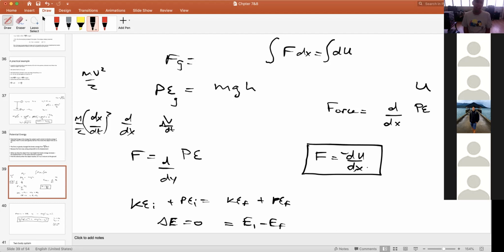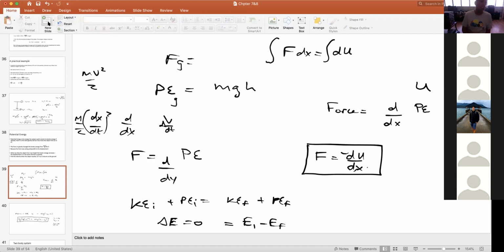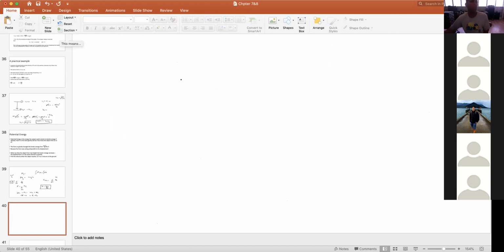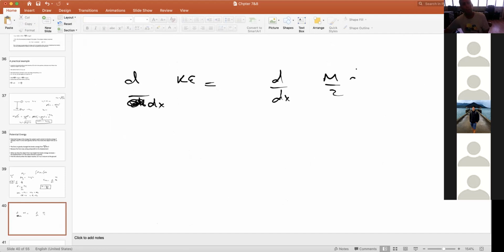No one ever does that though. Okay, I just thought I'd make the connection because the change in kinetic energy is the negative change in potential energy. The derivative of the kinetic energy would be d/dx of m/2 times dx/dt squared.